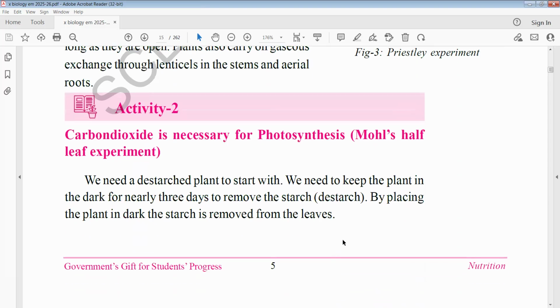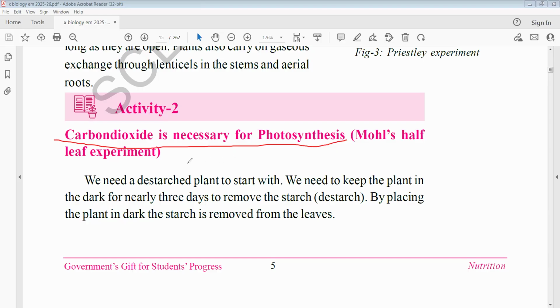This is activity 2, which is very important, the Moll's half-leaf experiment. Carbon dioxide is necessary for photosynthesis. That is the reason we write 6 molecules of CO2 first in the chemical equation, because carbon dioxide is more important to carry out photosynthesis.